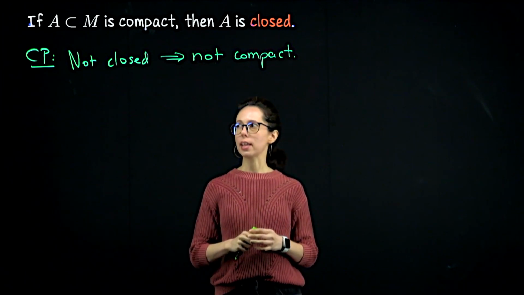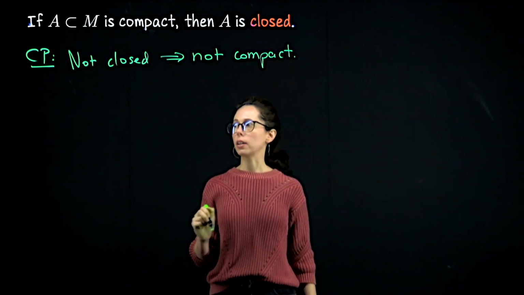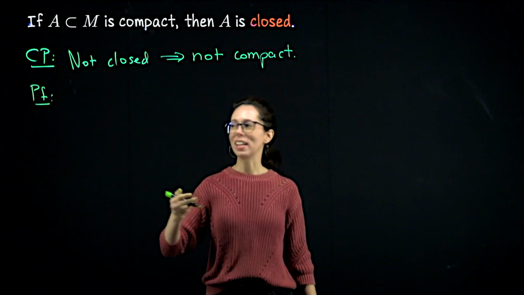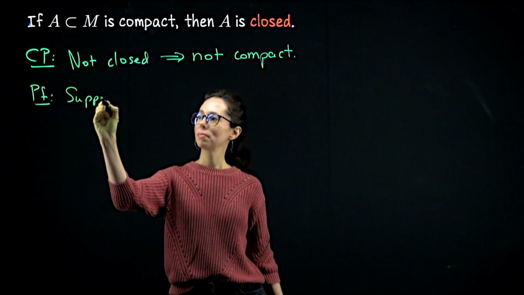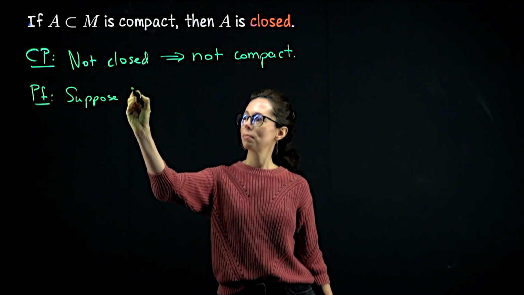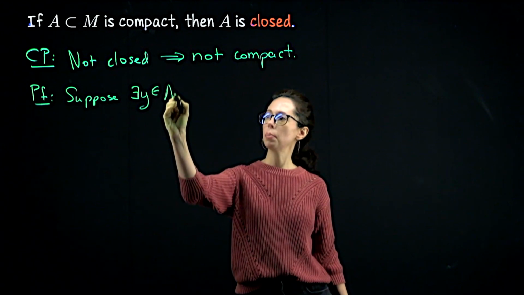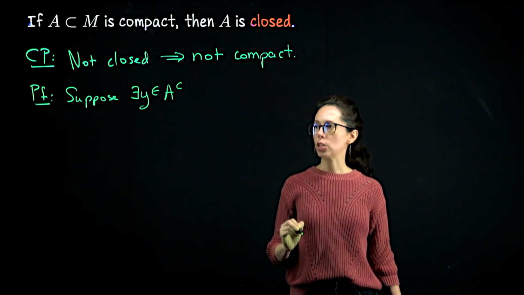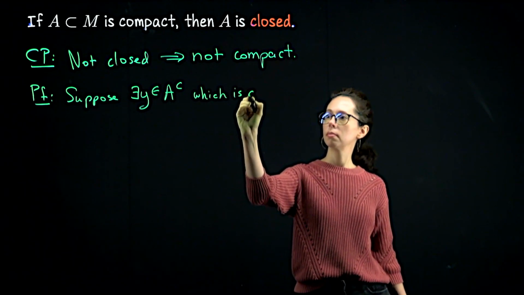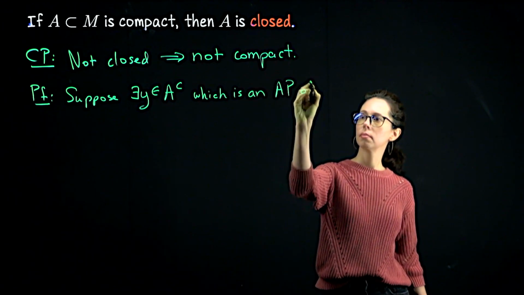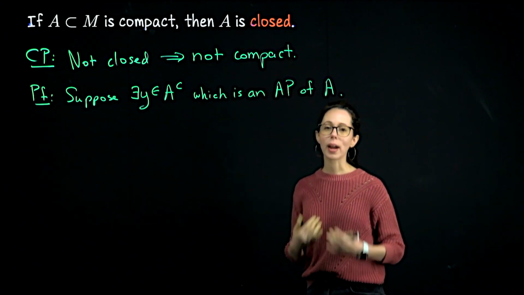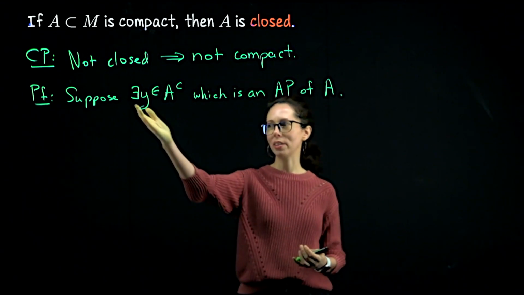Okay, so let's just jump right into this. We're going to assume that A is not closed. I will start off with the next sentence: suppose there exists y in the complement which is an accumulation point of A. If you saw me hesitating, it's because if I were writing this on paper in a formal way, I would not use a quantifier like this.